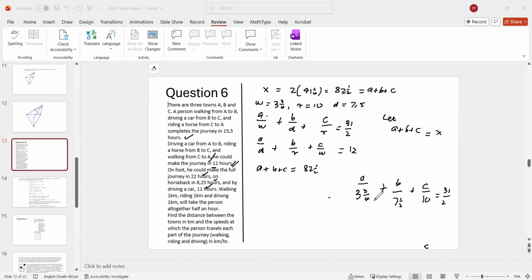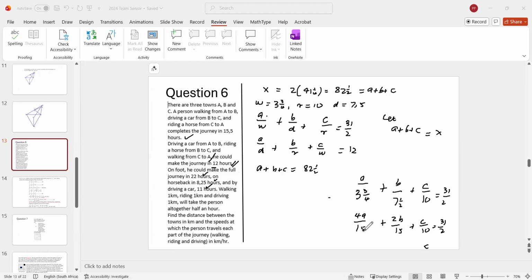Okay. Now to get rid of all these stupid fractions, if you multiply the numerator and denominator by 4, you get 4A over 15. If you multiply numerator and denominator by 2, you get 2B over 15. You don't have to do anything here. This 31 over 2. I still got fractions, but I can take the common denominator, 15, 10, and 2, I think 30. Multiply right throughout by 30.